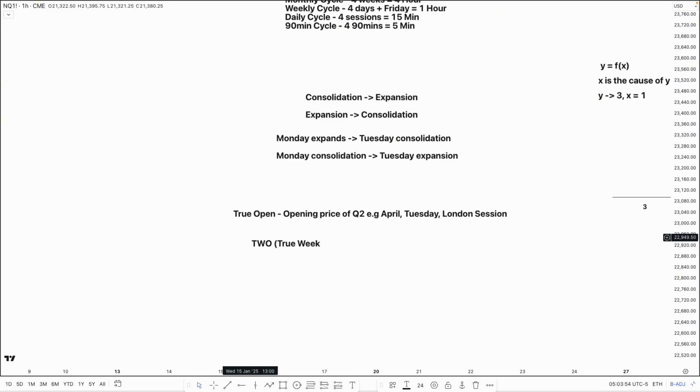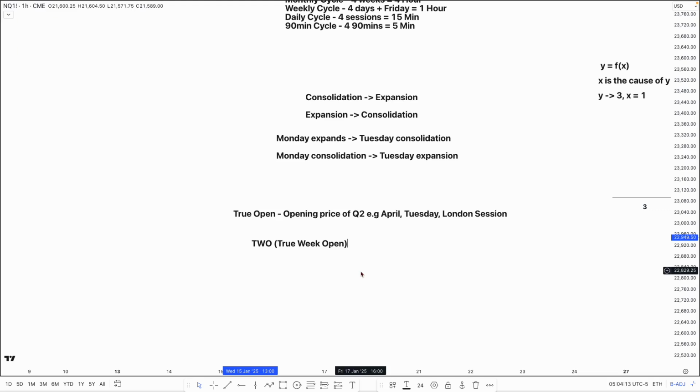Many people will be focusing on the true day open and the true session open, but you will find that price doesn't necessarily trade in the way that the true day open and true session open says that price should trade.